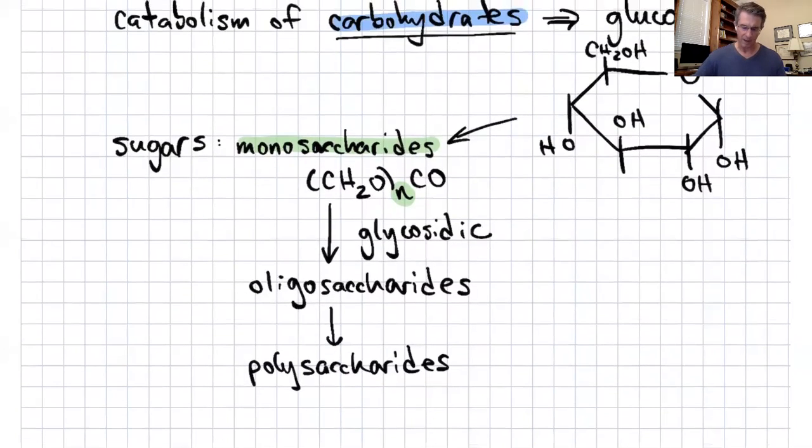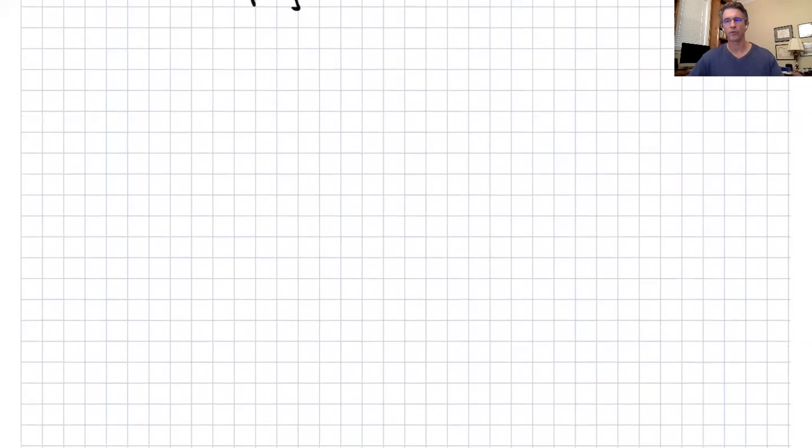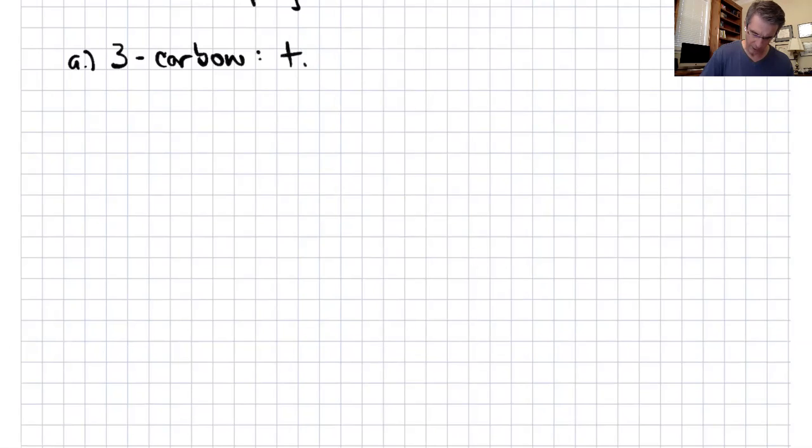All right. I should also mention another little bit of nomenclature, and we'll start here with the simplest sugars we're going to worry about, the so-called 3 carbon sugars, or the trioses. And it's that "ose" that is indicative of the fact that we're working with a sugar.